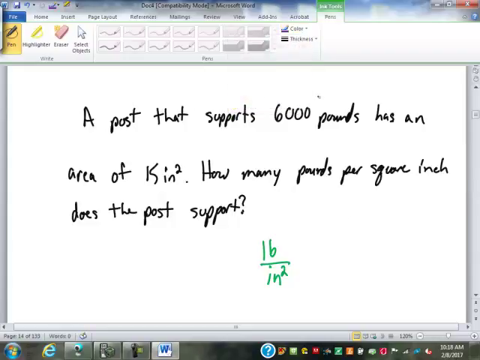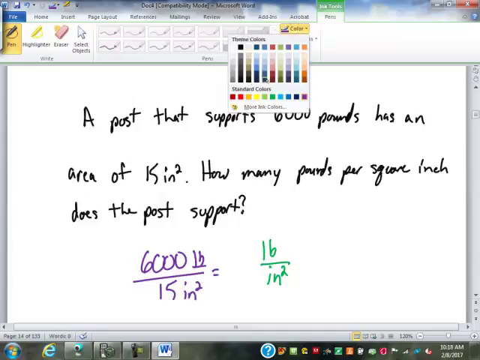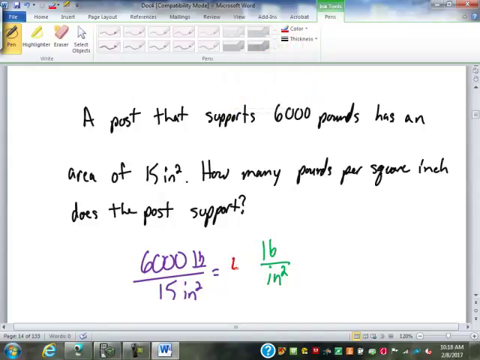To solve this problem, I'm going to take 6,000 pounds divided by 15 square inches. That's 400 pounds per square inch. So the units can help us figure out what we have to do with the numbers as well.